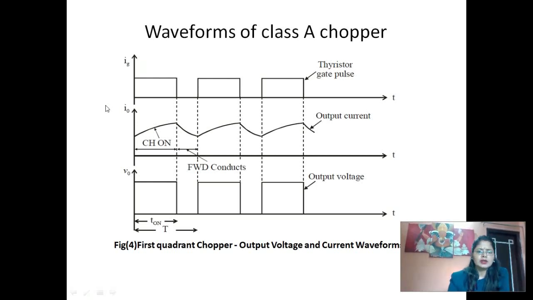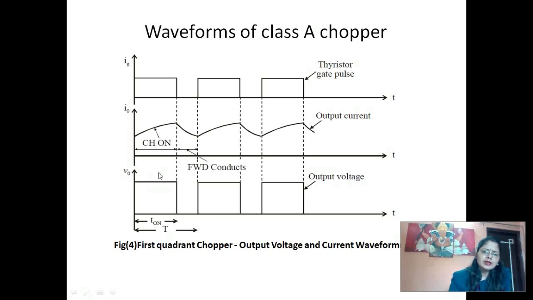When chopper is on, the inductor current starts rising from its minimum value to maximum value. At that time the output voltage across the load is Vs. Here we can say when chopper is on, we will get some output.